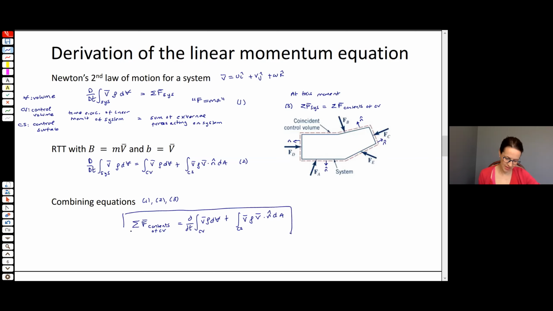So here we have it, the celebrated conservation of linear momentum, the linear momentum equation. This is Newton's second law for a fluid. So this is equation 5.22 in the textbook.